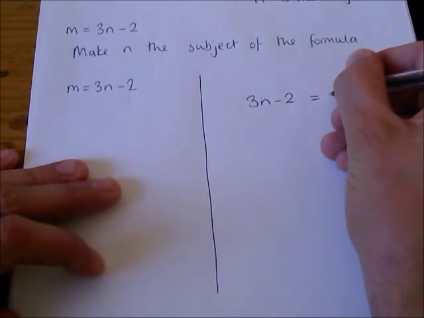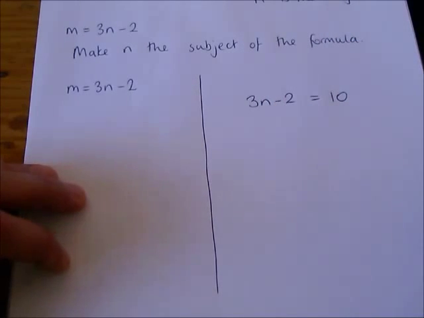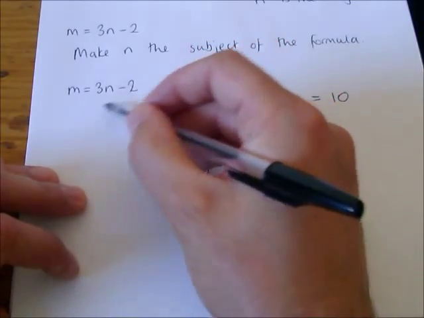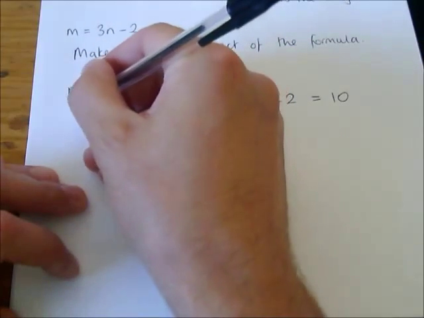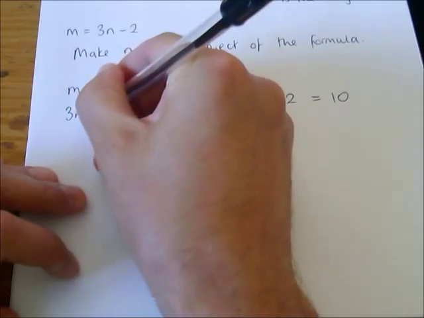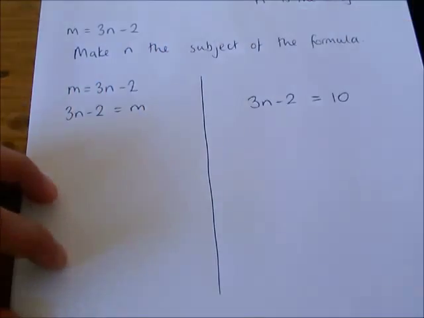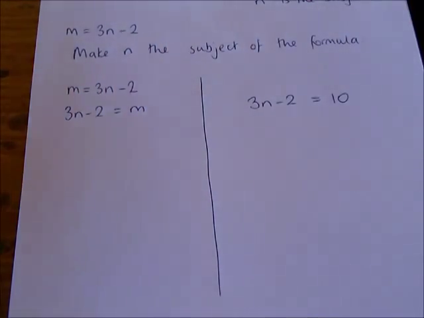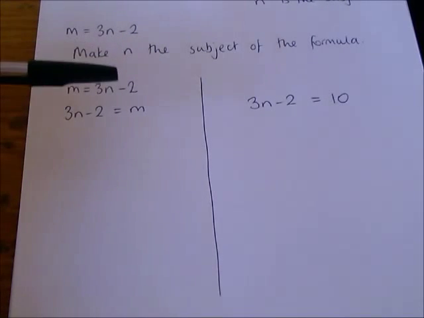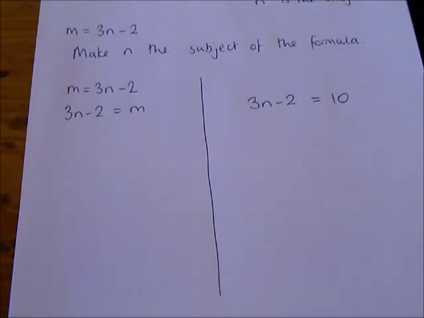So let me just write this like that. And I'm going to switch the order of this, so I'm going to get 3n minus 2 equals m. So I haven't changed anything about the formula, I've just written the two statements on the other side of the equals.